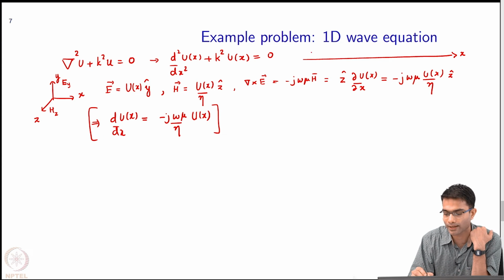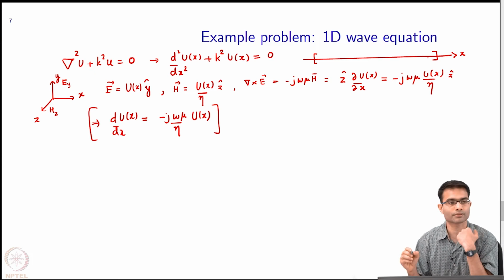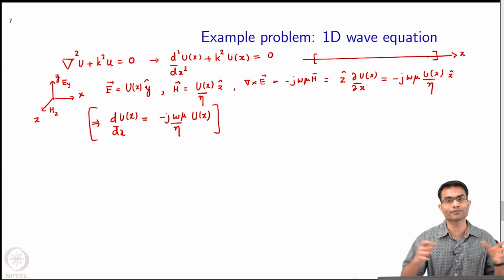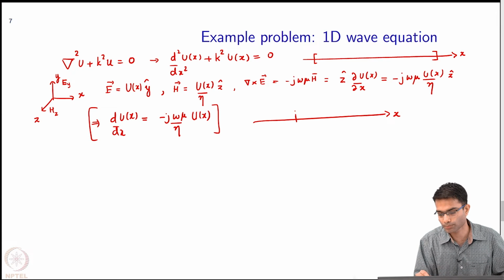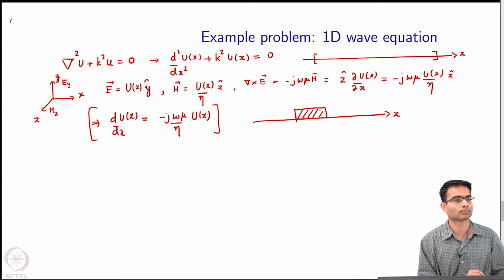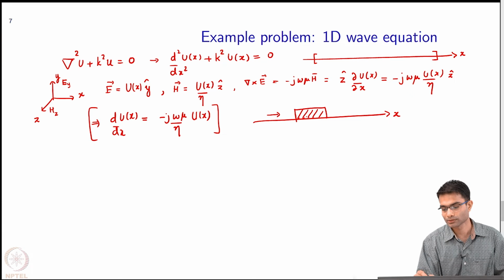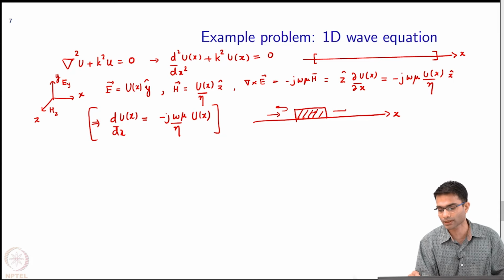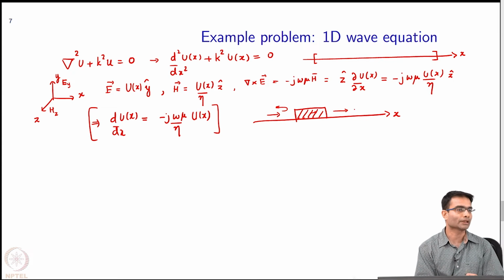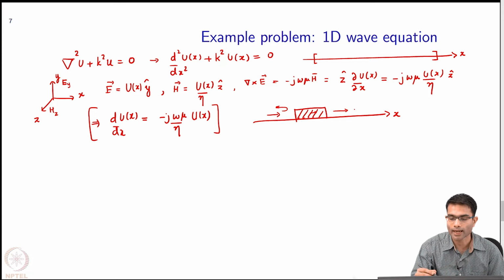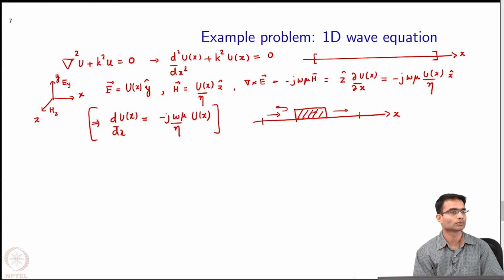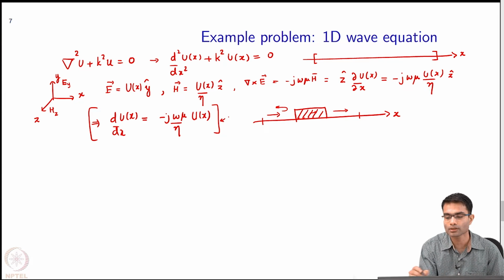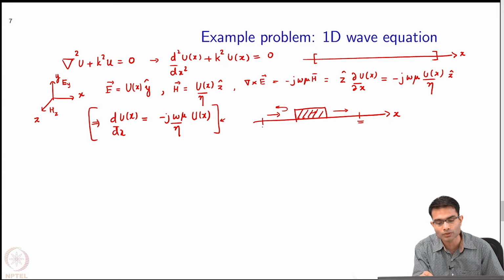Let us say I want the solution to the wave equation not in free space, but with a block of glass over here. My wave is traveling like this. Some of it will get reflected, some of it will go through, multiple reflections will happen, something will come out. I want to solve this numerically, so I will make these the ends of my computational domain. This equation should be valid at this point and at this point also.